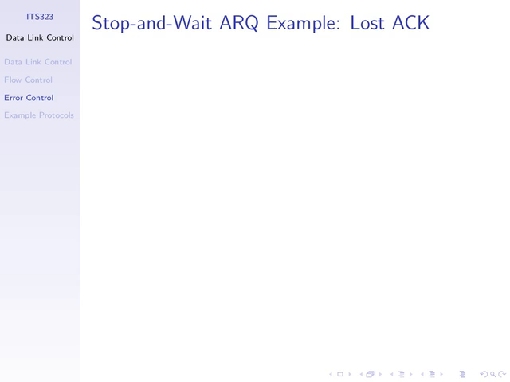Now we have a problem with what's happening on our link. So what happens if we transmit this data frame, get an ACK 0, transmit the next data frame, and then magically this one arrives?